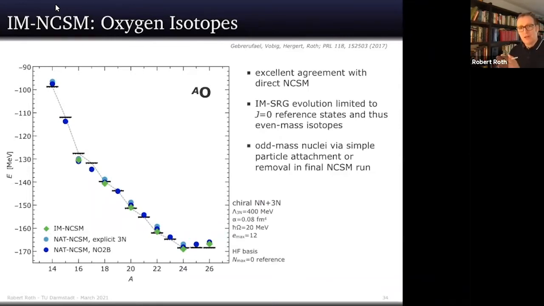And this is kind of an important step or milestone. So, and this was really how the community worked over the past, say, decade or so. The first phase was really improvement of many-body technology, pushing calculations to larger particle numbers and better accuracy.